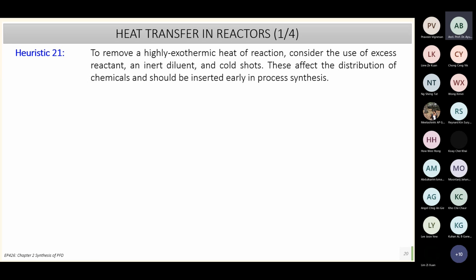Before I start, is there any question from the previous heuristic on the chemical distribution and separation? Clear? Okay, now I proceed with heat transfer in reactors. We focus on the reactor.